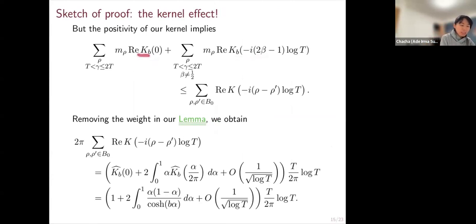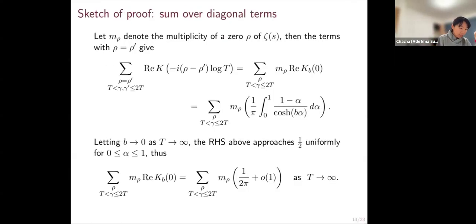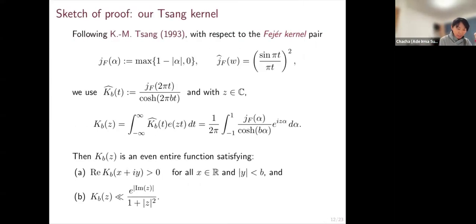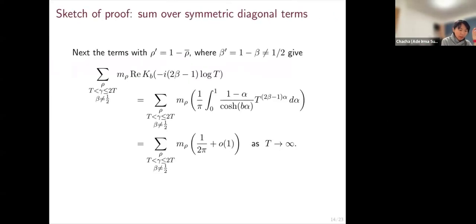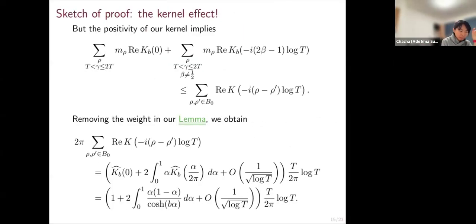When I take this real part, because I'm assuming that all my zeros are within the box, it satisfies the first condition, so the imaginary part should not be too big. But the imaginary part in our summation is then the real part of zeros.